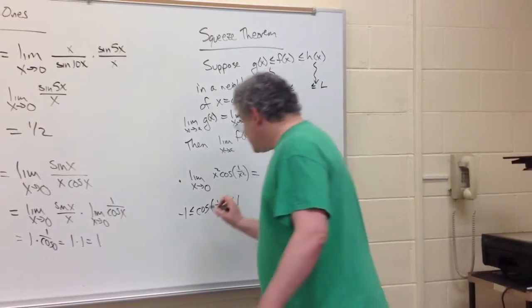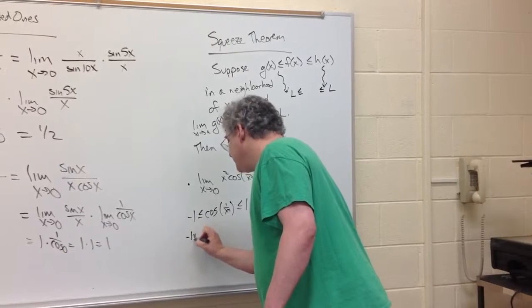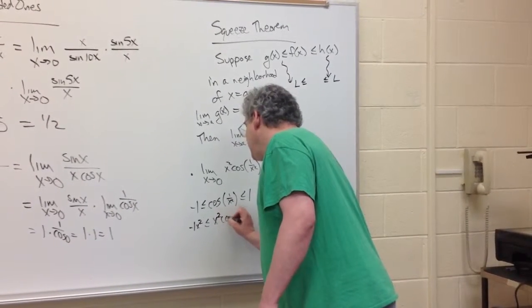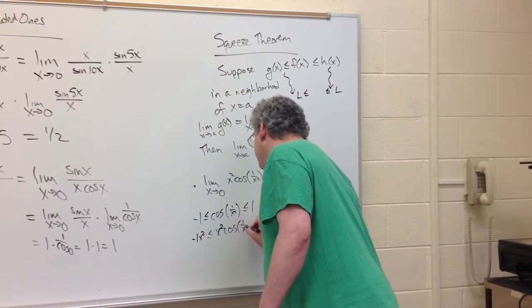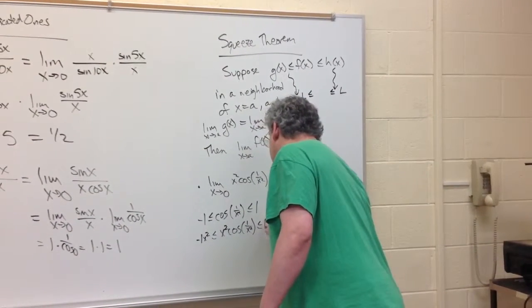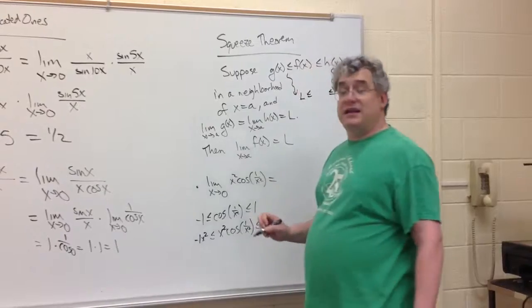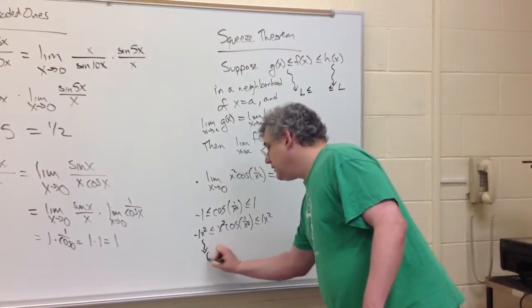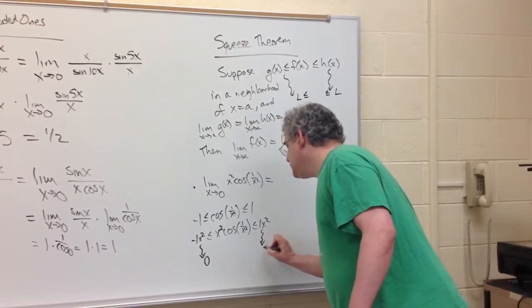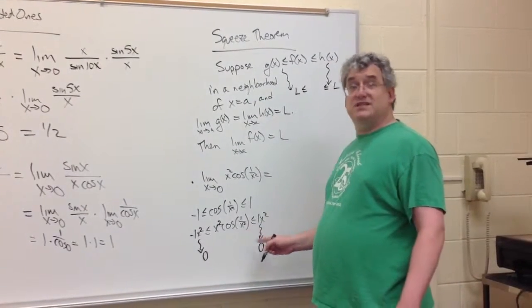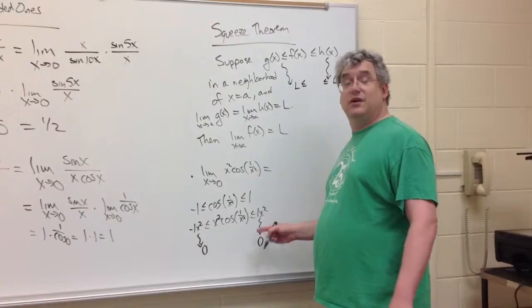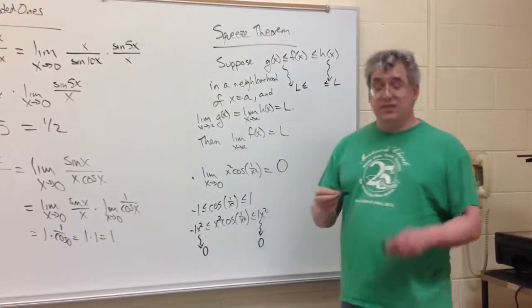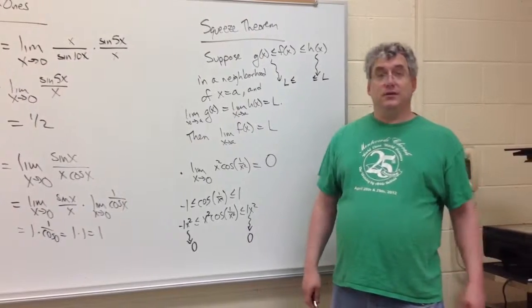That means x squared times it is between minus 1x squared and positive 1x squared. And as x goes to 0, this goes to 0, and this goes to 0. So the squeeze theorem says, since this side goes to 0, this side goes to 0, and we're always in between, without having to actually do anything else, we know that goes to 0.